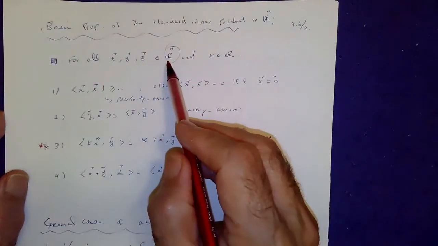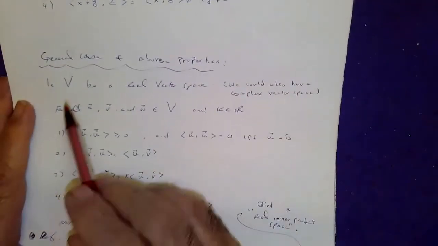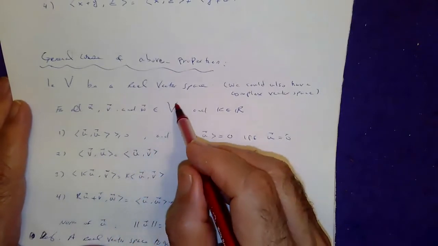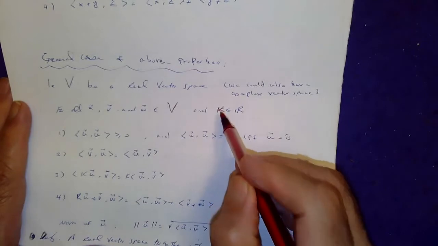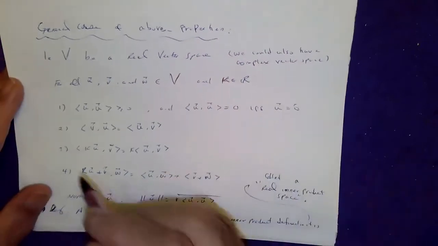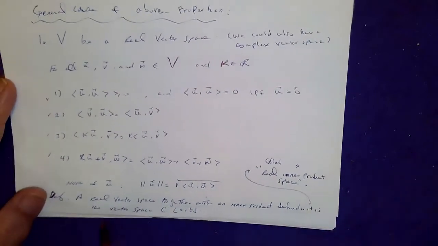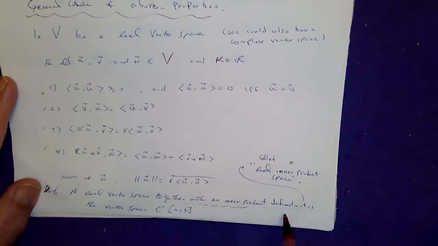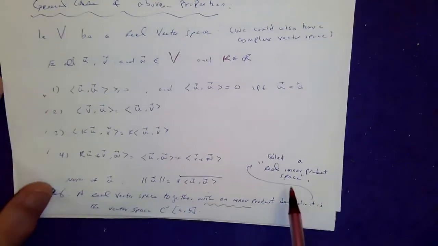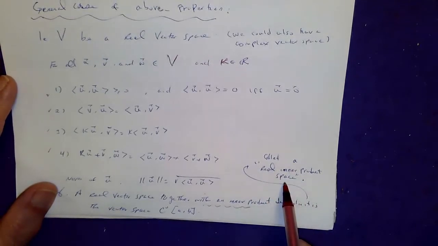In other words, instead of saying let x and y and z be a vector in Rn, you can say let u and v and w be in any arbitrary vector space, and let's say k is a real number. And if these four conditions are satisfied, then we say the real vector space together with the inner product defined here forms a real inner product space.